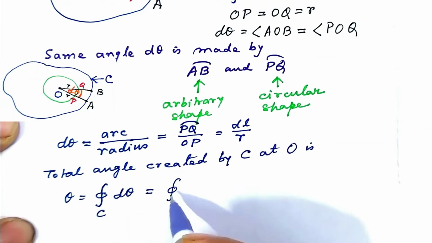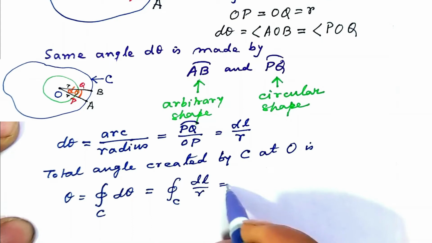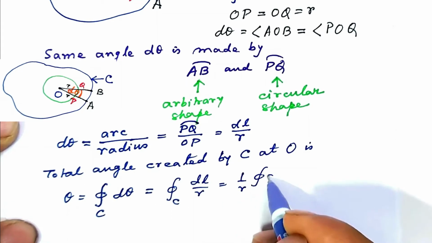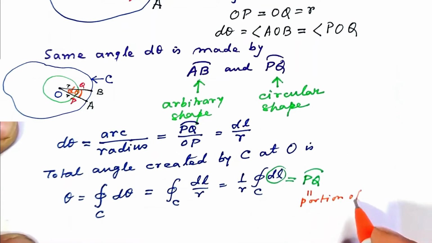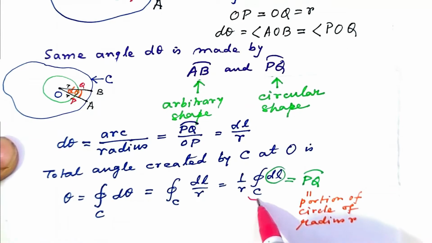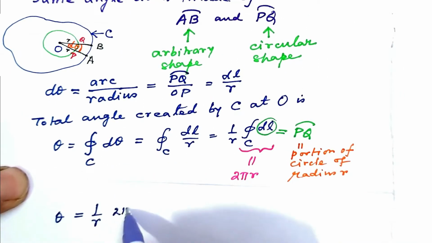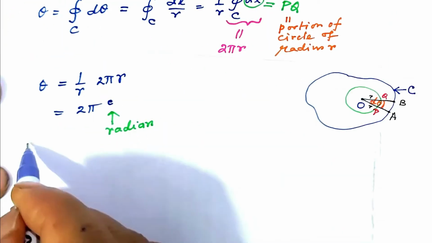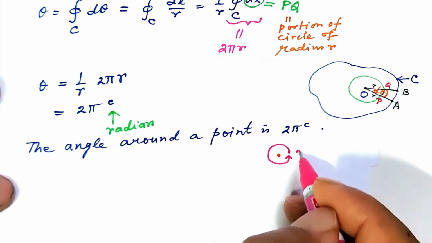That is closed integration over C of dl by r, which is equal to, let us pull r outside the integration as r is a constant, 1 by r closed integration over dl. Now dl is arc PQ, which is a portion of the circle of radius r, and so this integration is 2 pi r. r and r cancel out to give theta equal to 2 pi radian. The angle around a point is thus 2 pi radian, and this is it.